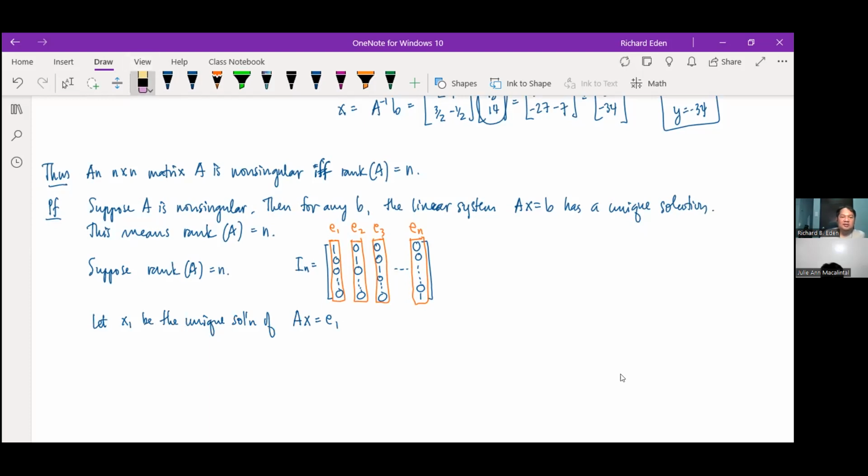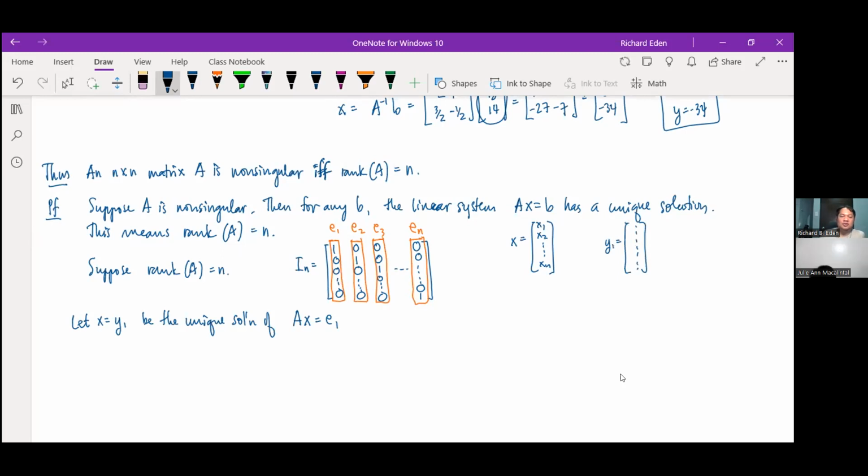Actually, to avoid confusion, we could think of X as X1, X2, dot, dot, dot, X sub N, the solution of the system. So, for AX equals E1, let X equal Y sub 1. Y sub 1 is a column vector.